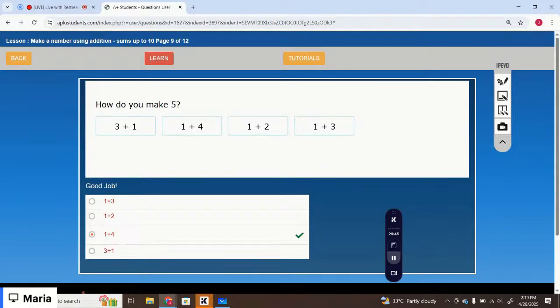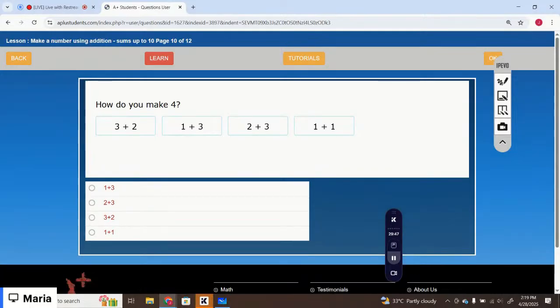Next, how do you make 4? Option number 1 is the correct option. 1 plus 3 makes 4.